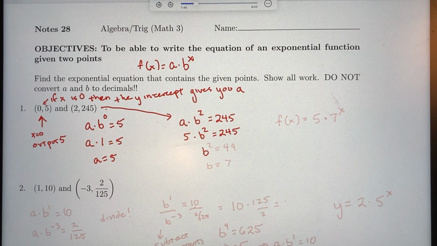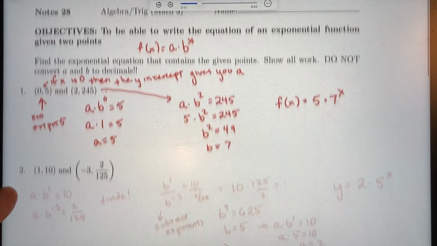Let the calculator do the division. Oh, look, it's a nice perfect square. So b is 7. And we don't have to worry about plus or minus because, again, for these exponential functions, we're forcing b to be a positive number. So my function is f of x is a times b to the x.